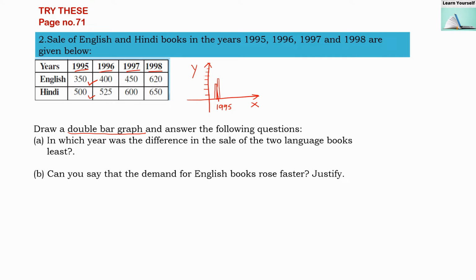For 1 year we are showing two different bars, so it will be very easy for us to compare how many English books were sold and how many Hindi books were sold. And we have to answer two questions after drawing this bar graph. We are not going to answer these questions based on the numbers. We are first going to draw the bar graph, and then from the bar graph we are going to answer them.